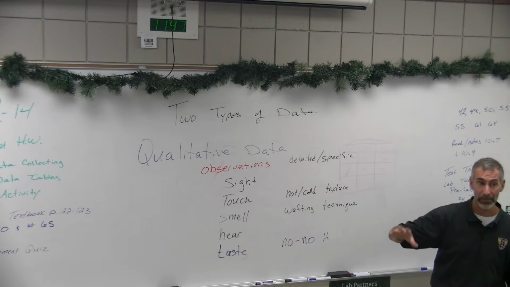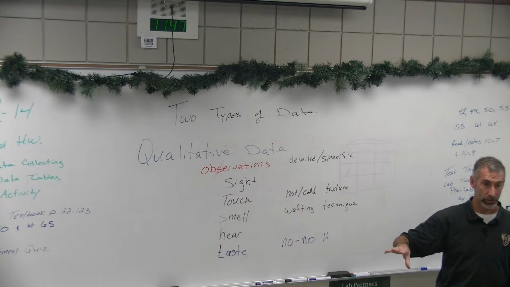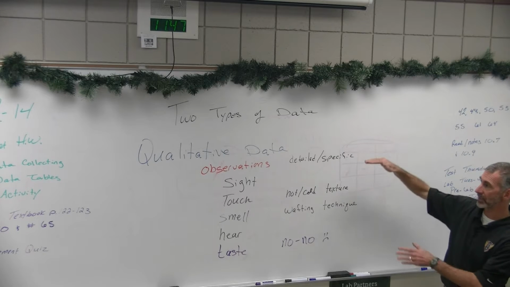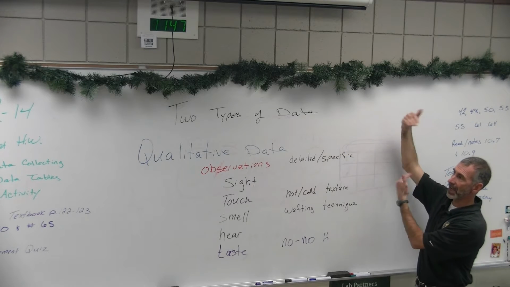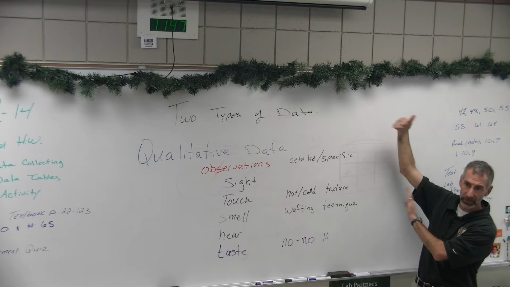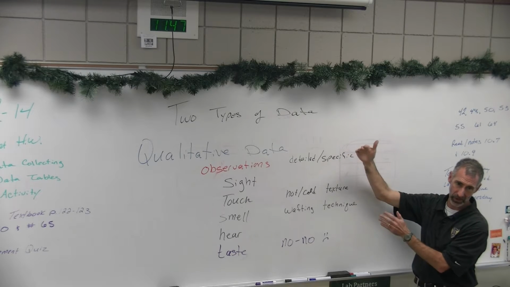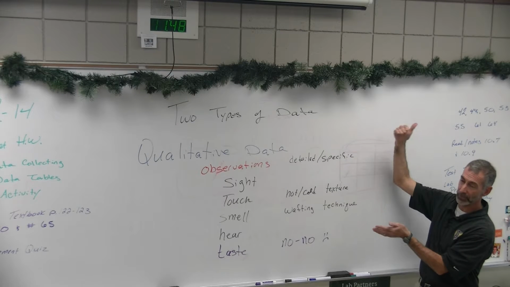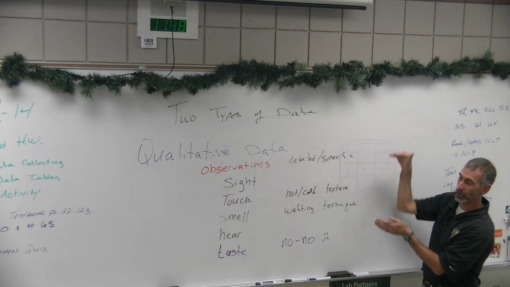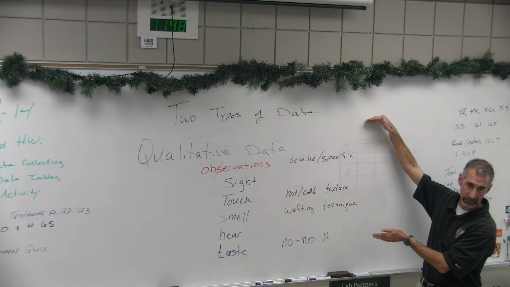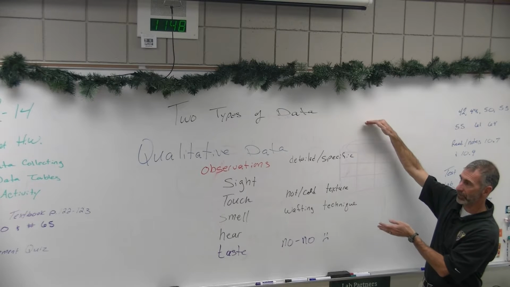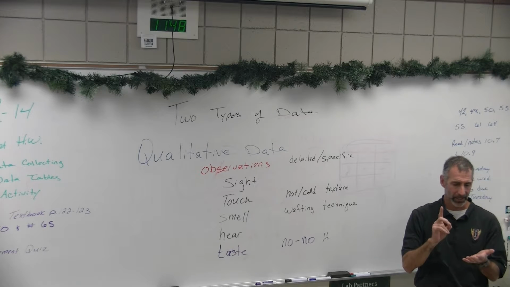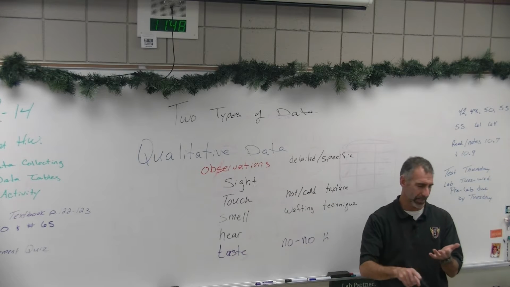So every lab that we do, you're going to have either one or the other, or most often both of them. There's one lab that I give you that's pure qualitative. It doesn't matter how much we add, we're not measuring anything. We're just putting stuff together. That's a pure qualitative lab. Outside of that, most every other lab is quantitative and qualitative. You've got to have both. Again, don't take it for granted. So right from the get-go, when you have to measure something, you should be looking at color and texture and all that kind of stuff.